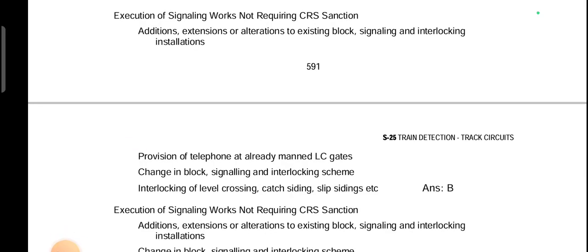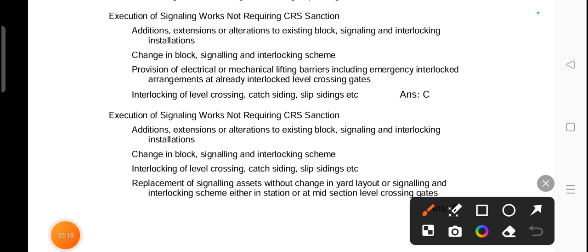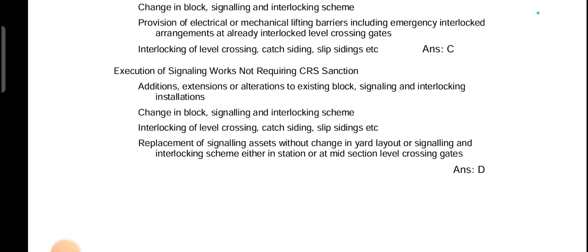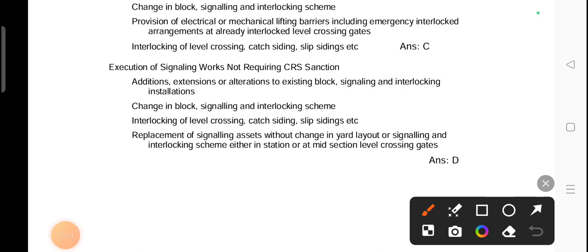Provision of electrical or mechanical lifting barrier, including emergency interlocked arrangements at already interlocked level crossing gates. Replacement of signaling assets without change in yard layout or signaling and interlocking scheme either in station or at mid-section level crossing gates.